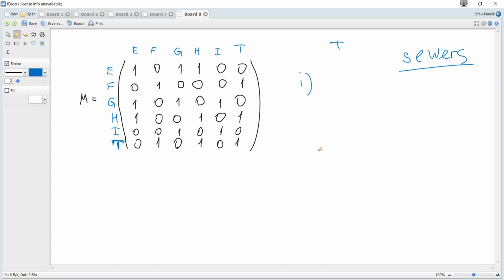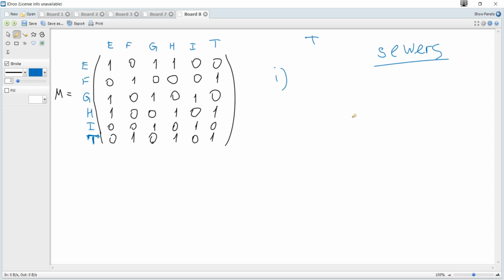The first method is just to draw a graph, since this matrix represents an adjacency matrix. It looks like this.